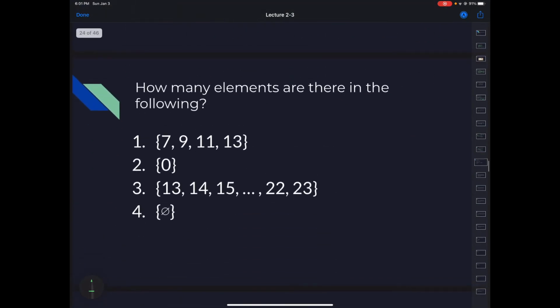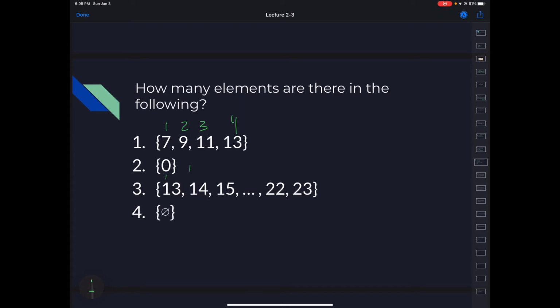Now, elements. How many elements are there in the following sets? Well, we have 1, 2, 3, 4. We have 4 elements here. There are 4 pieces in this set. In number 2, there's one element here.